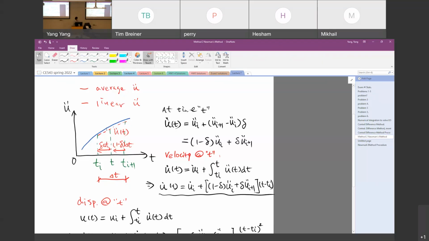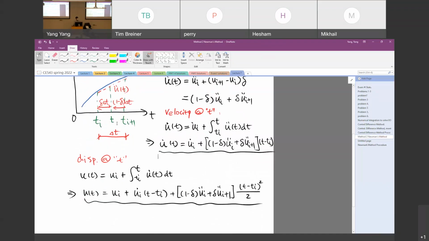As you can see in the chart on the left side, the actual acceleration is represented by the blue curve, while our approximate acceleration is represented by the red dashed line. Since it's a numerical method, we have to use some approximate value to approach the actual acceleration.